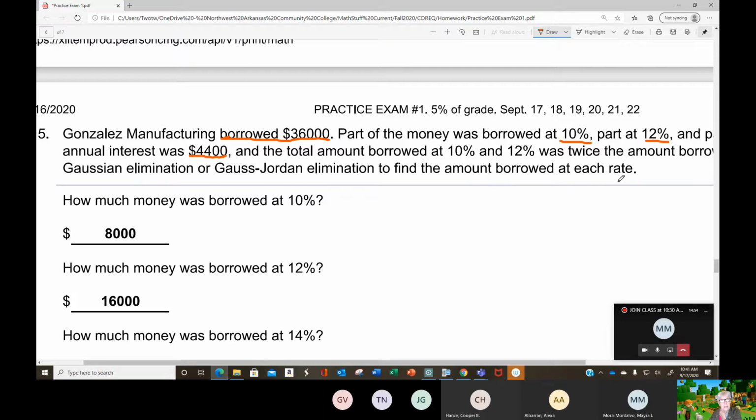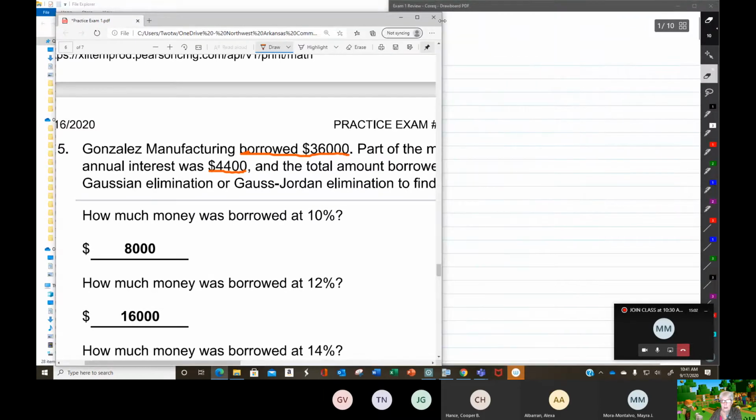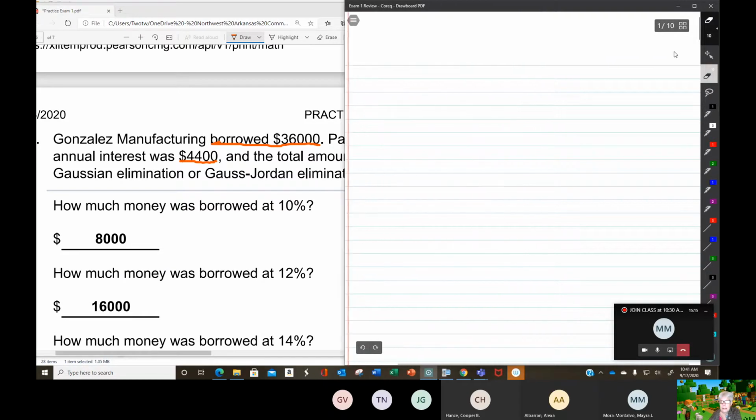That means set it up like a matrix. So I am going to come over here and use scratch paper. The way I would do this, even though I've done similar ones, is to take notes on it first. They borrowed $36,000.